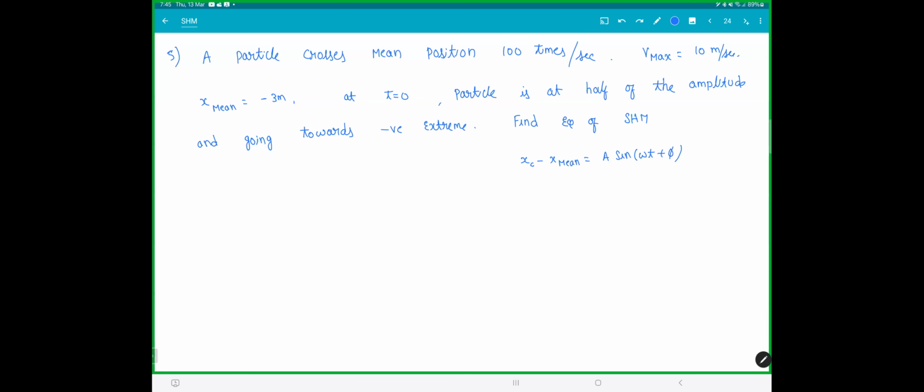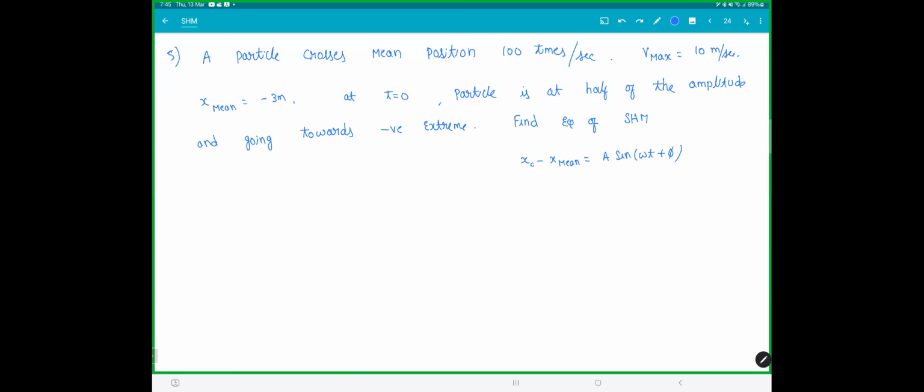The first thing is frequency. What is the frequency? If you said 100, you fell into the trap. If you got that wrong, whole thing is gone. Think. So in one oscillation, how many times do you cross the mean position? 2 times.